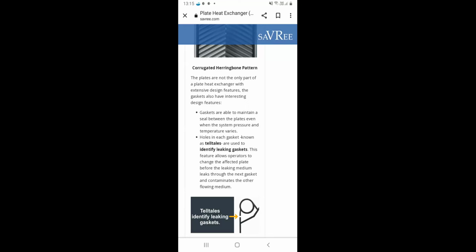And then, what about free expansion? How is it made, what is the arrangement for that? This question is also asked. Then what is the type of flow in corrugating, meaning what type of plate you are using for the plate type heat exchanger? What is the herringbone pattern and what are its design features?